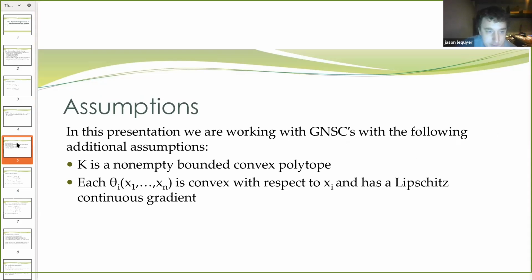I'll give you our assumptions first. So in this presentation, we are working with GNSCs with the following additional assumptions. We assume that K is a non-empty bounded convex polytope, and we assume that all of the objective functions are convex with respect to the variables under that player's control, and have a Lipschitz continuous gradient. Now, this assumption is relatively standard.